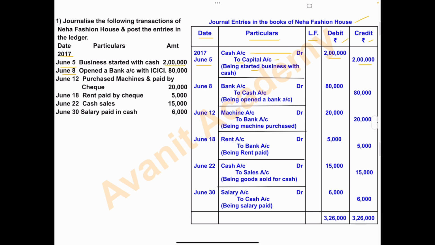Opened a bank account means the bank balance will increase. So we have to debit bank account, and on the other hand we have to credit which account? Cash account, because the cash balance will decrease by rupees 80,000.